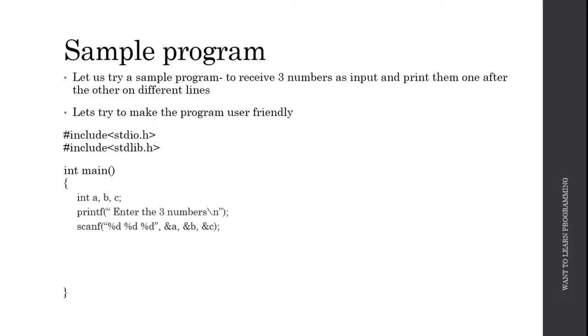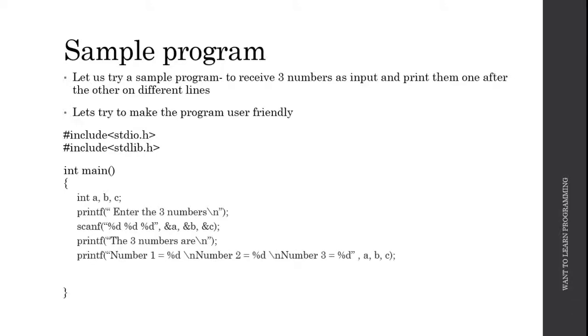Next, to make it user friendly, we have a printf statement saying the three numbers are. So to print these numbers, we use a printf statement saying number 1 is equal to %d backslash n, number 2 is equal to %d backslash n, number 3 is equal to %d, comma a, comma b, comma c.